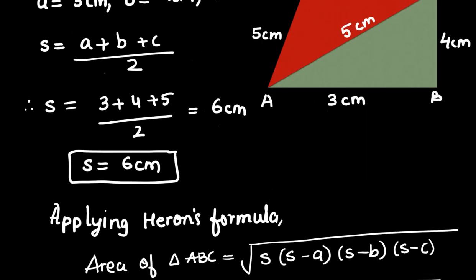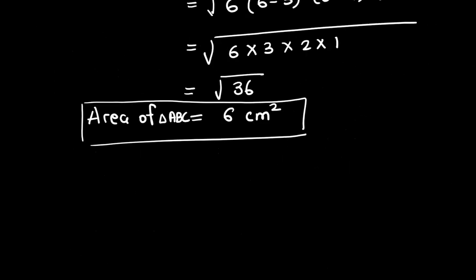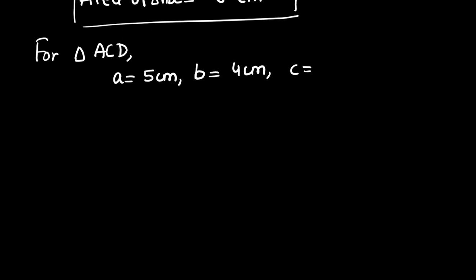In a similar way, let us find ACD, the red part. Okay, ACD. So let us calculate the semi perimeter here. Before that we need to mention which triangle we are working on. For triangle ACD, A equals 5 centimeter, B equals 4 centimeter and C equals 5 centimeter.